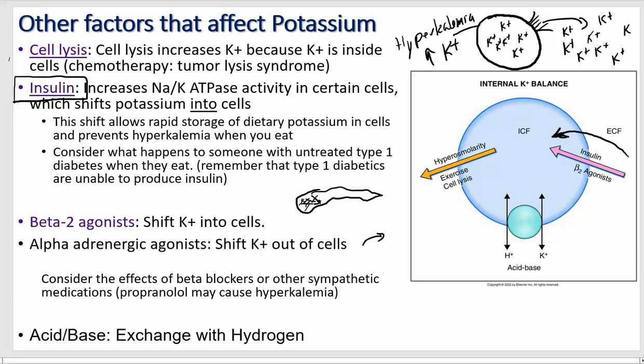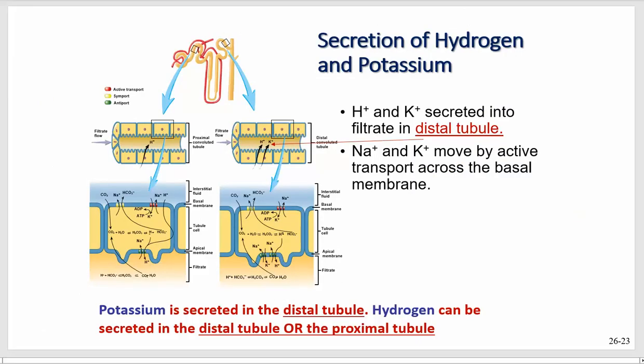And so propranolol, it's an LOL drug, which means it's a beta blocker, may cause hyperkalemia. Okay, just because it's not shifting, it's letting that potassium be outside the cells. All right, and then we saw some exchange with hydrogen before, and that's kind of what we're looking at here.